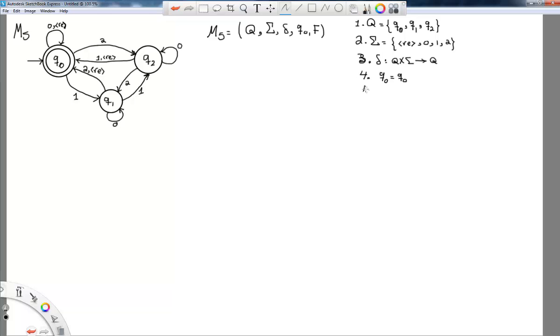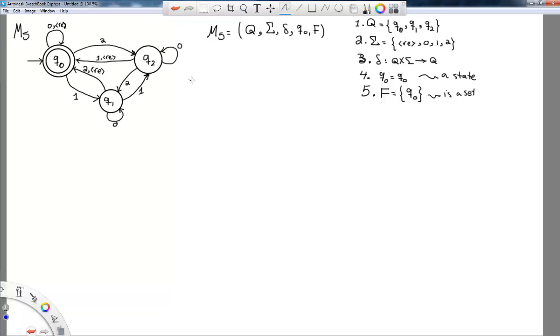And the accept states is a set made of state q sub 0. Then again, I have to emphasize, this is a set and this is a state. Do not forget that, because that would make your definition incomplete.